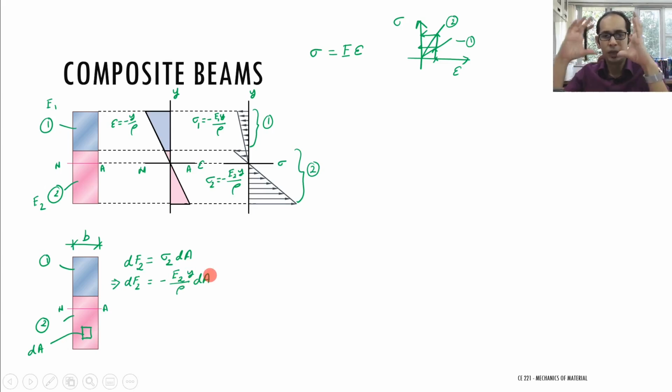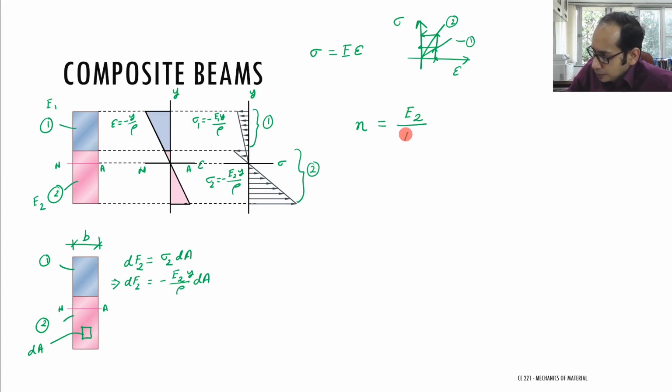So now everything is intact. I have written the forces in terms of the properties of material 2, that is the E2 that you see, and y is the generic distance, maybe the distance from the neutral axis to the centroid of this small rectangle. Now let me introduce a new terminology, n. I'm going to write n as the ratio of E2 to E1.